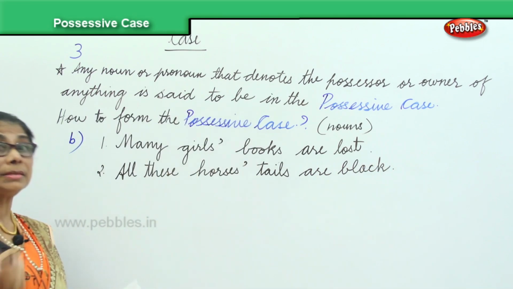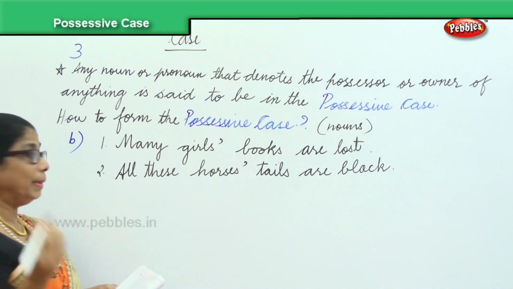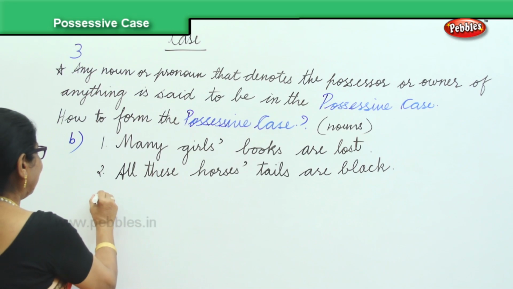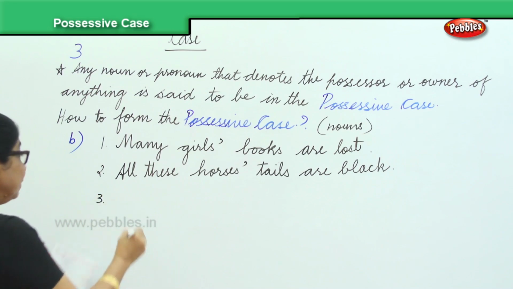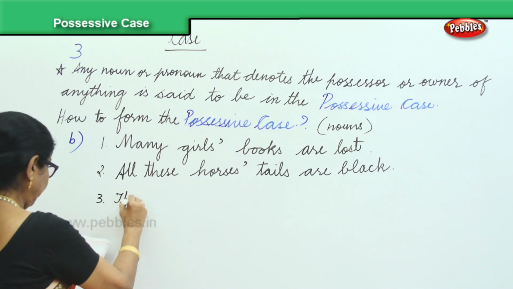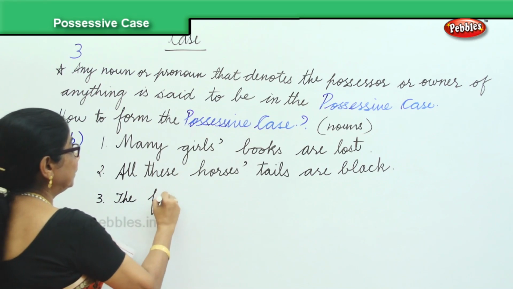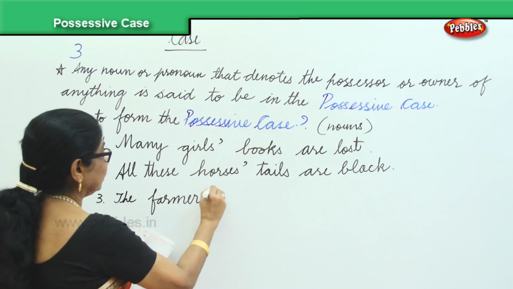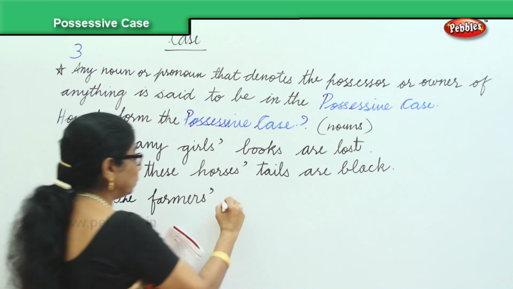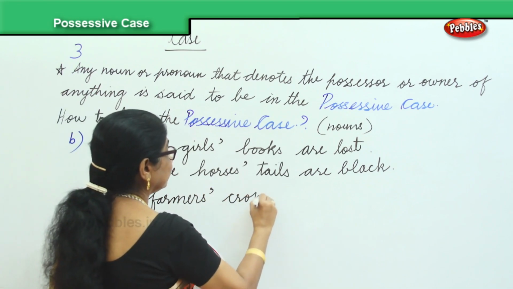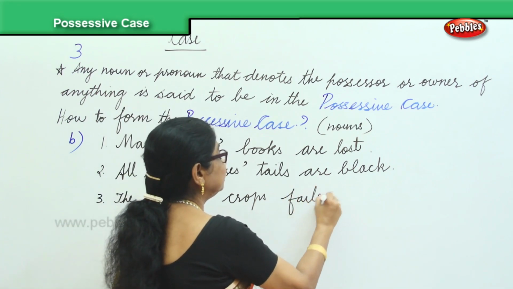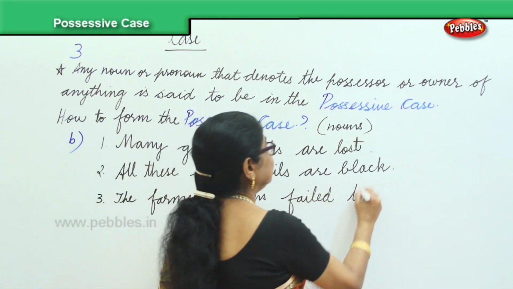Many girls' books, not one girl, many girls. Many horses' tails, they are all black. Next, the farmers' crops failed this year.